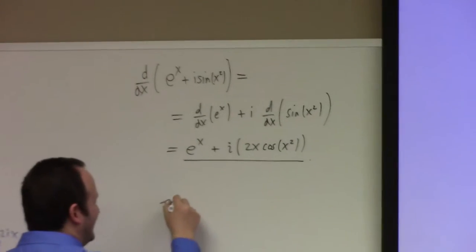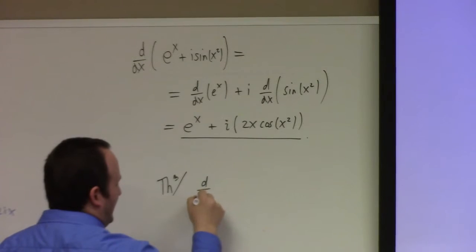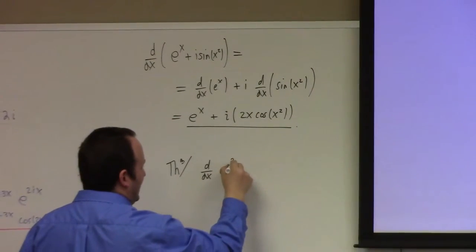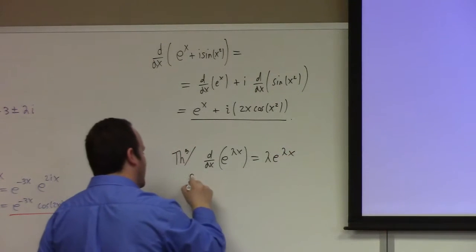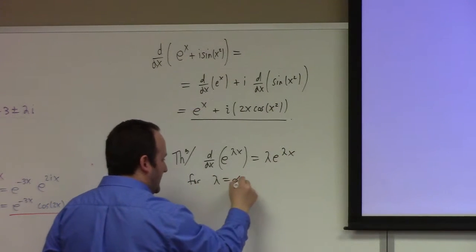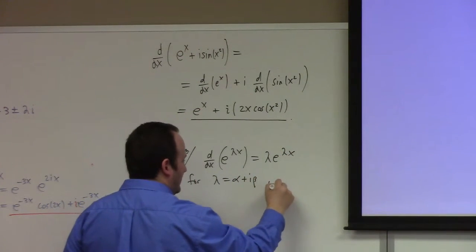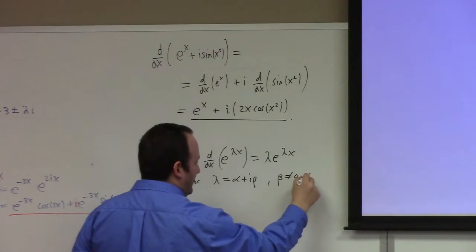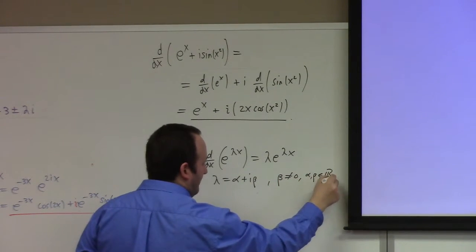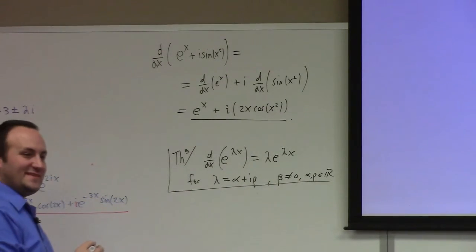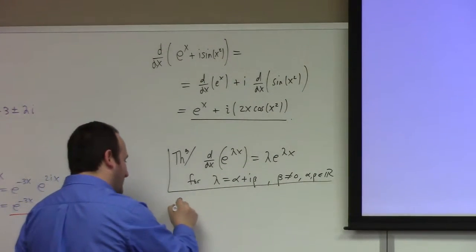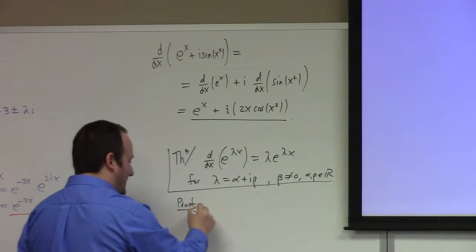It is a theorem, then, that the derivative with respect to x of e to the lambda x is equal to lambda e to the lambda x for the case lambda is equal to alpha plus i beta, with beta not equal to 0 and alpha and beta real numbers. The reason I say that's a theorem is because it's not altogether obvious that that's true from what you know, because what is e to the lambda x?